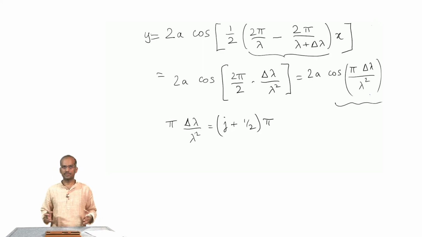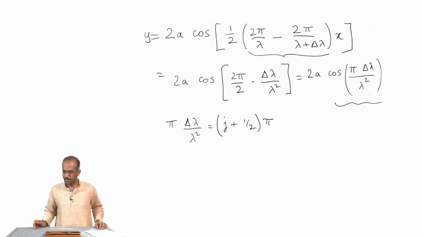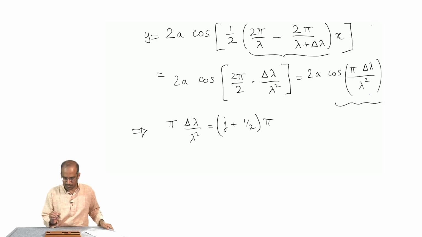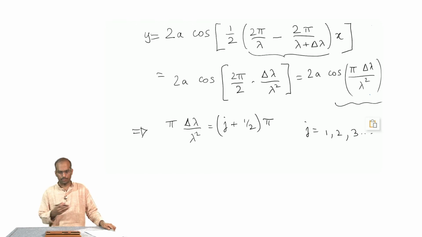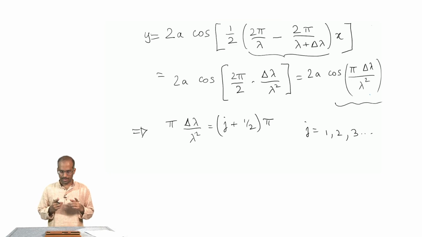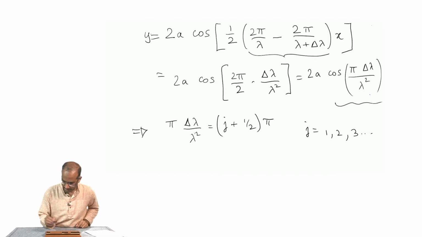So, this function, which is simply the modulating envelope, will go to 0 at certain values of the argument of the cosine function, and that happens when pi times delta lambda by lambda square is equal to j plus half into pi, and j is simply integers. Of course, there would be negative integers as well, but it is not of interest. In fact, we are just interested in finding out the value of x, which I seem to have forgotten here. Let me put that in here.